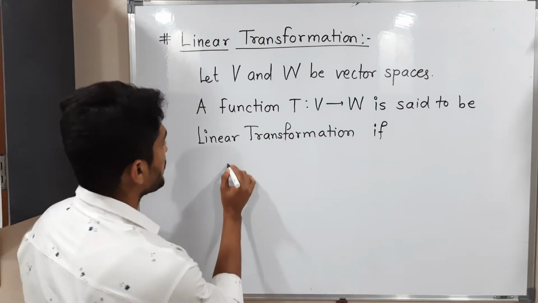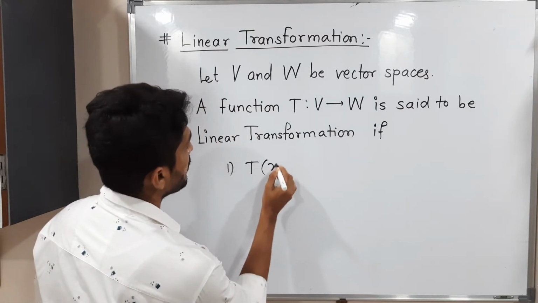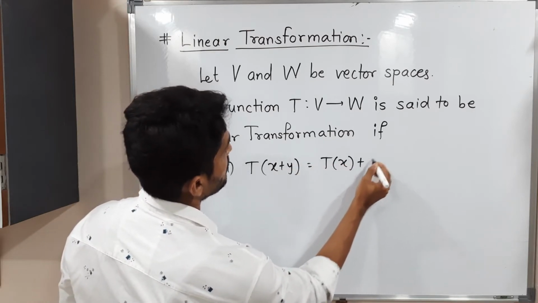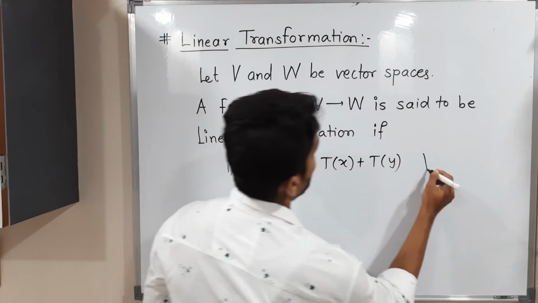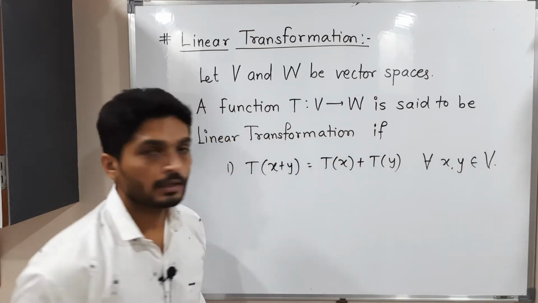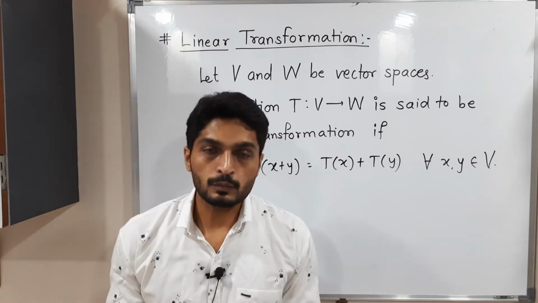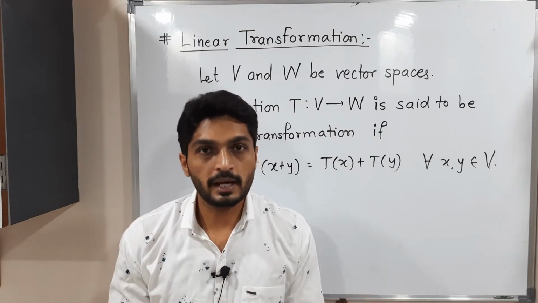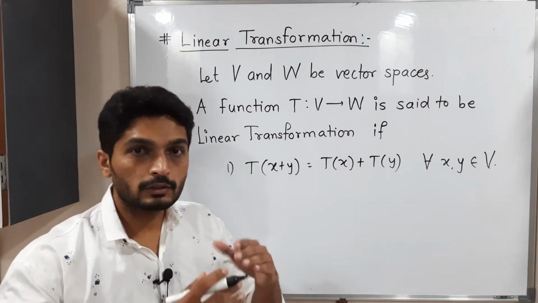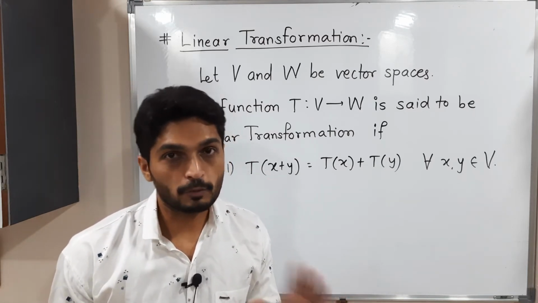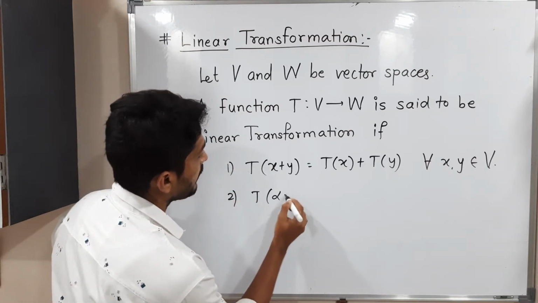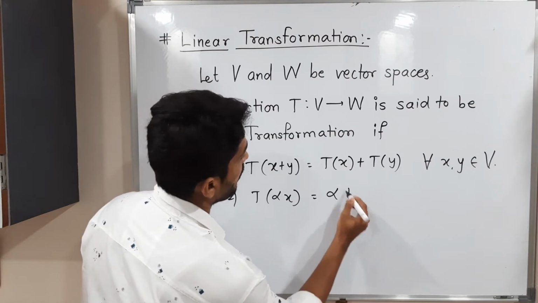The first property is T of x plus y is equal to T of x plus T of y for all x, y belongs to V. That means if addition is there, we should be able to take separate addition. T can operate separately. This is the first condition. Second condition, T of alpha x is equal to alpha T of x.